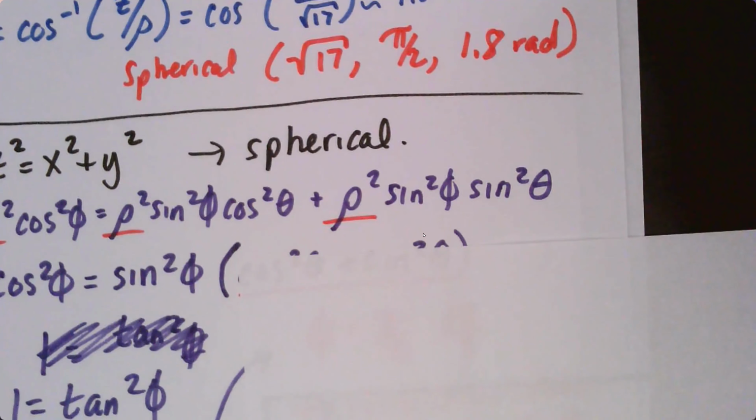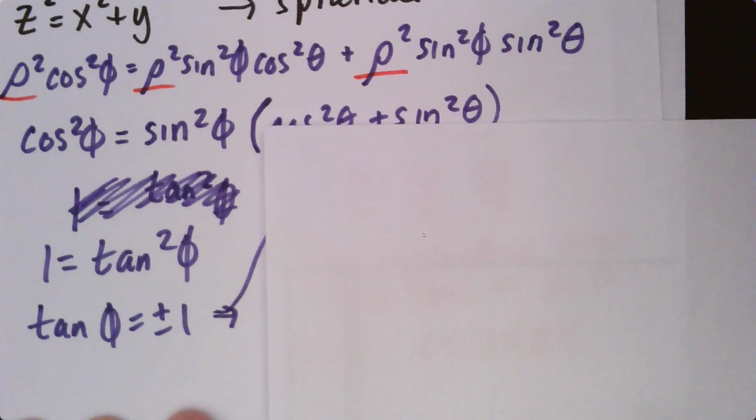That happens along the 45-degree angles. It's maybe a little bit easier to see when we write this as tangent squared phi. 1 over tangent squared phi equals 1. So tangent phi equals plus or minus 1. This is going to get us our plus or minus pi over 4 lines. But phi is going from 0 to pi.